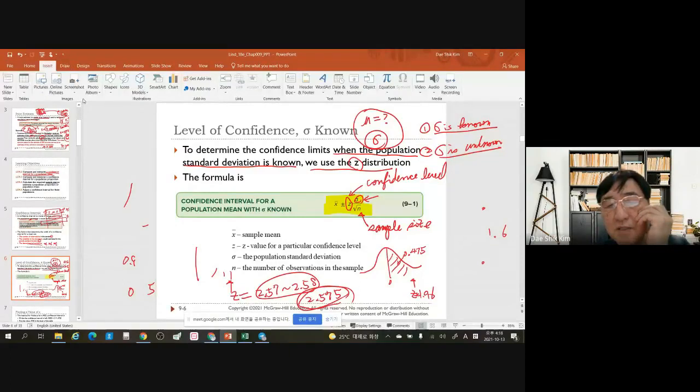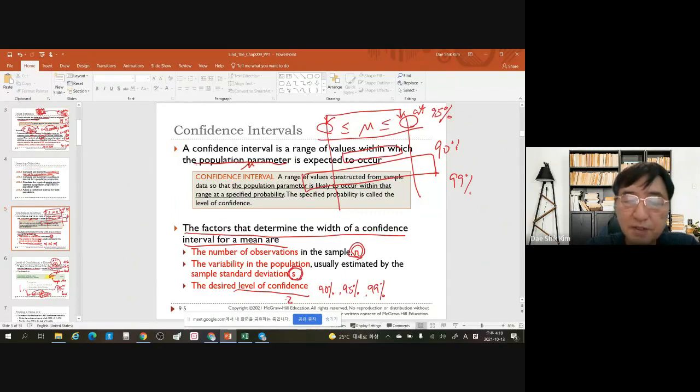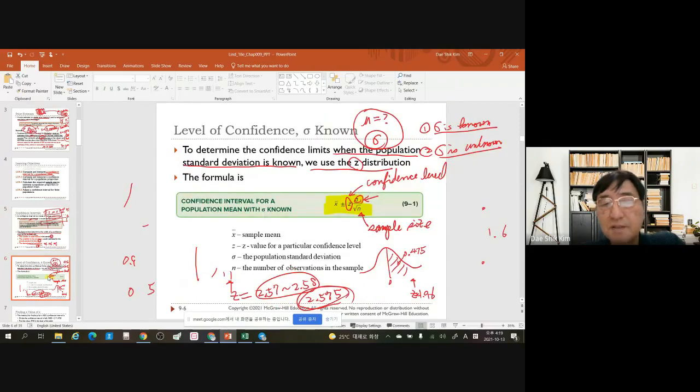As on the previous slide, the factors that determine the width of the interval are n, s, and the Z value, which is determined by the confidence level of 90, 95, or 99%. In chapters 7 and 8 we studied the normal distribution table and the normal distribution of the sample mean, so it should be divided by square root n. It's a very important thing.